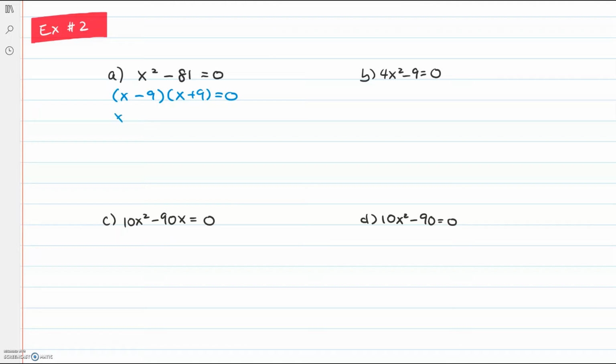In our equation, x has to equal, in the first part, a positive 9 in order for that to be 0. In our second factor here, x has to equal a negative 9 in order for that to be 0. So our answer is x equals minus 9 and positive 9.